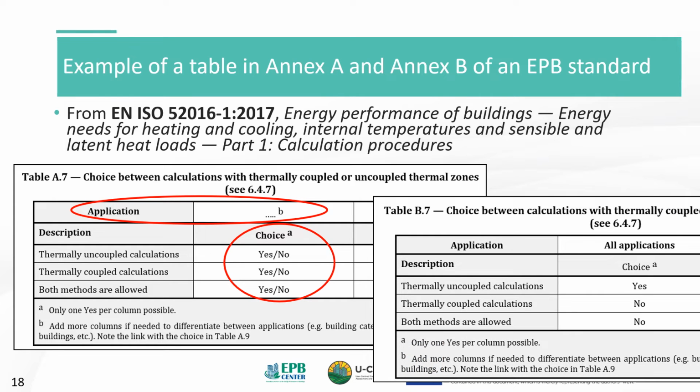And then you look at Annex B, and you see that in Annex B the choice has been made for all applications thermally uncoupled calculations. And this is quite an important choice.